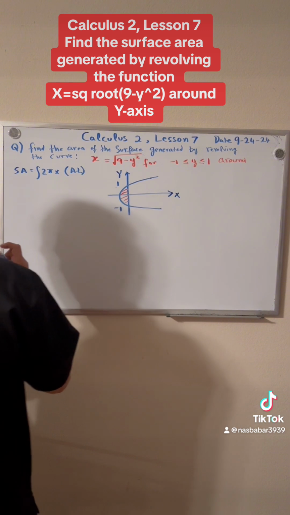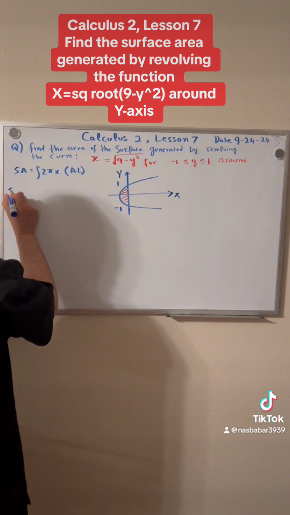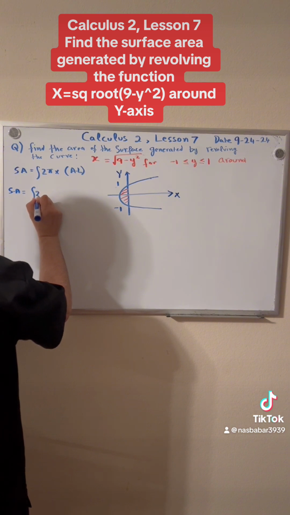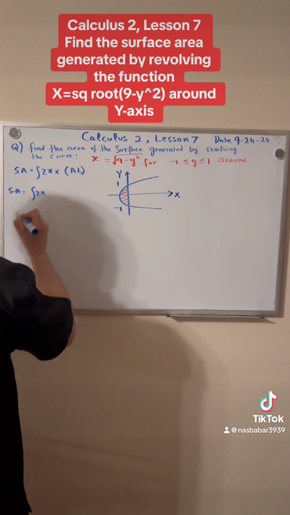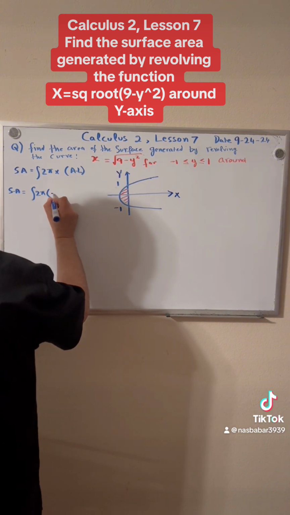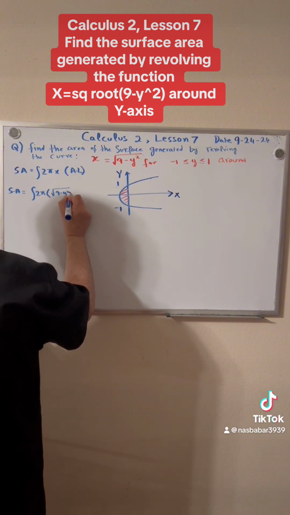So what we do is we say, okay, no problem, surface area is equal to 2 pi. Now what is the x in this case? x is the square root of 9 minus y squared.